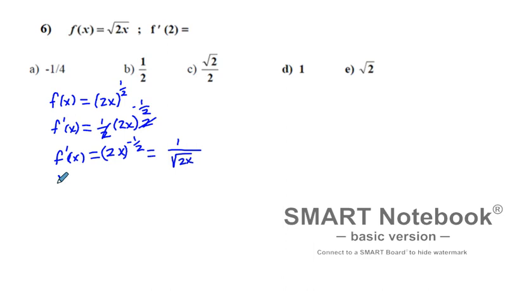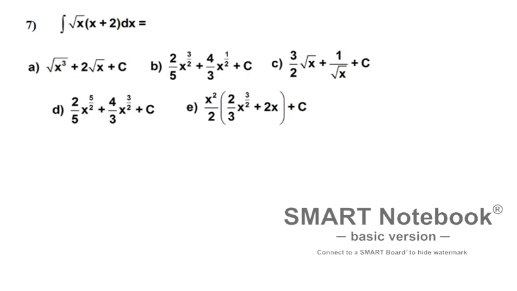And now we can plug in 2, f prime of 2 is equal to 1 over square root of 2 times 2, which is 1 over square root of 4, which is 1/2. So our correct answer is B.